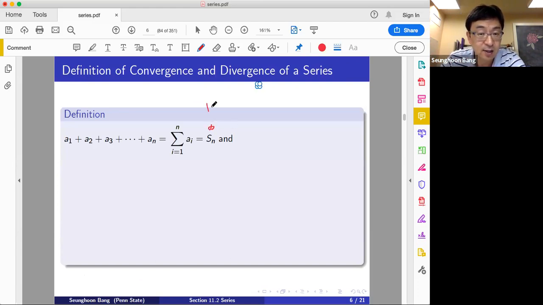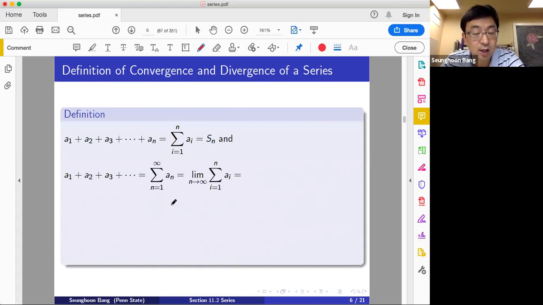Sn is the partial sum. You can use summation notation. What about the whole thing? You add infinitely many terms by only taking the limit. This is the same as the limit as n approaches infinity of the summation from i equals 1 to n of a_i, the limit of Sn, the limit of the partial sum.